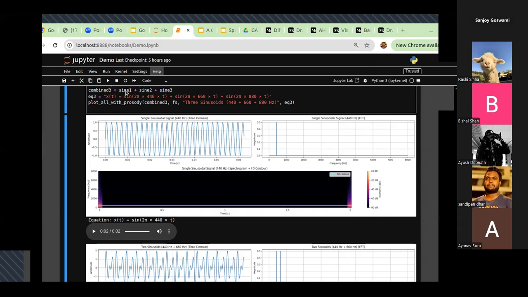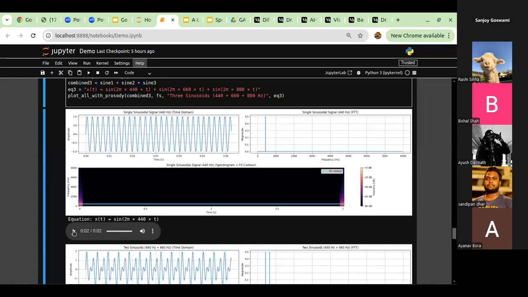I have added the sound, desktop, share sound, studio high fidelity. Is it audible now? Still no, sir.